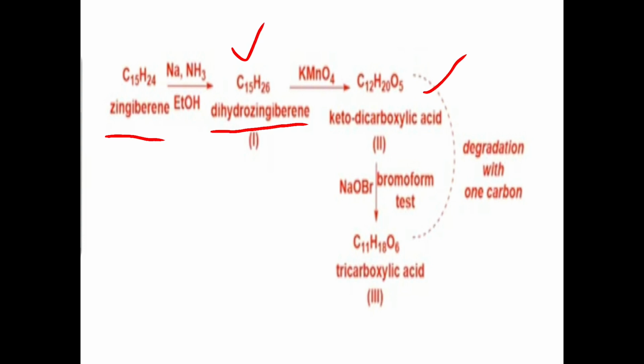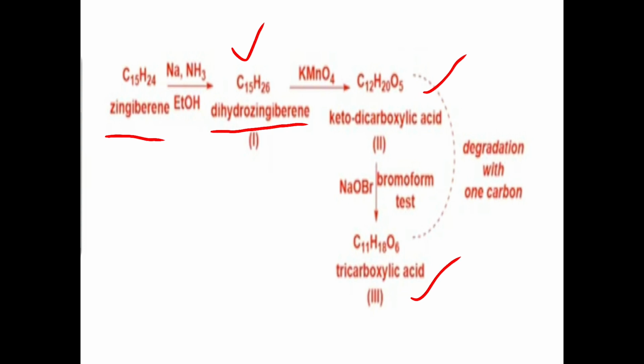On oxidation with KMnO4, it forms a keto dicarboxylic acid by the loss of 3 carbon atoms. This keto dicarboxylic acid on bromoform reaction, that means reaction with sodium hydroxide and bromine, forms a tricarboxylic acid by the loss of 1 carbon atom.